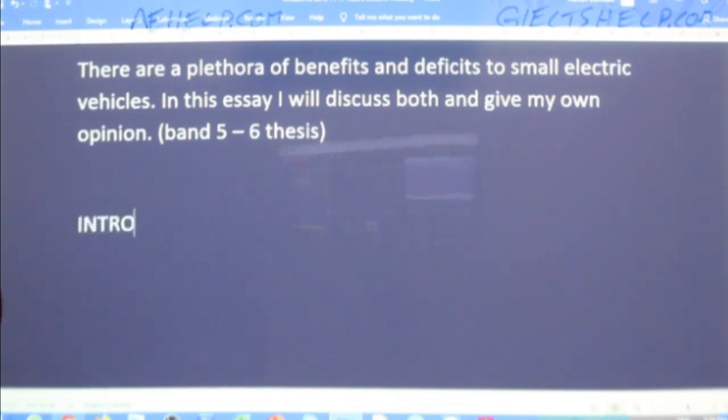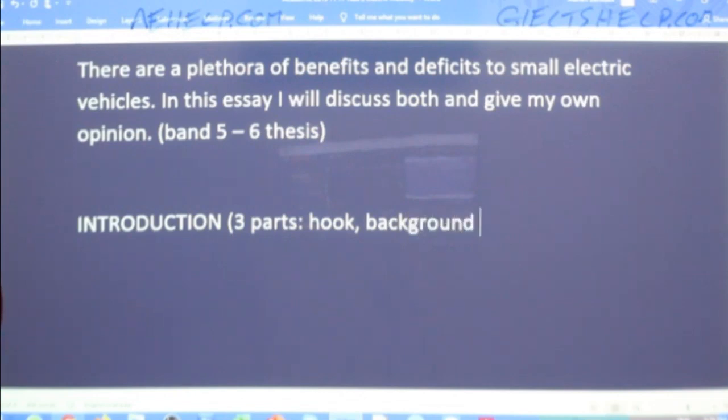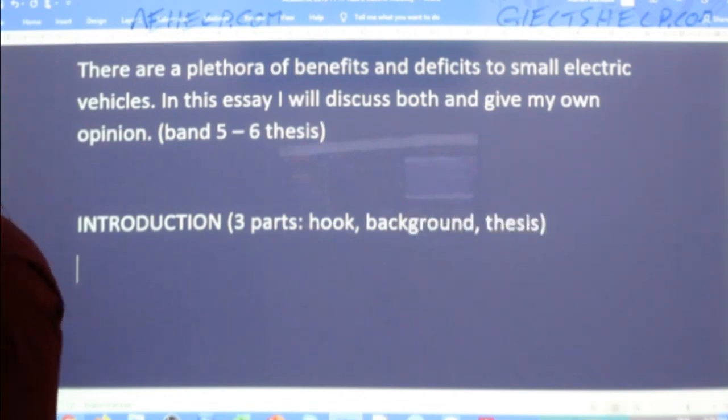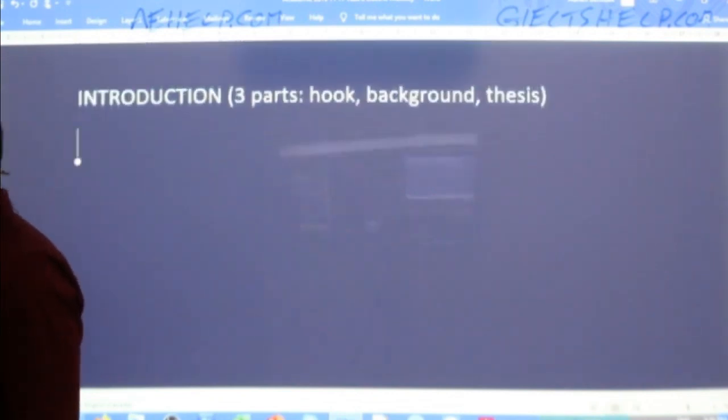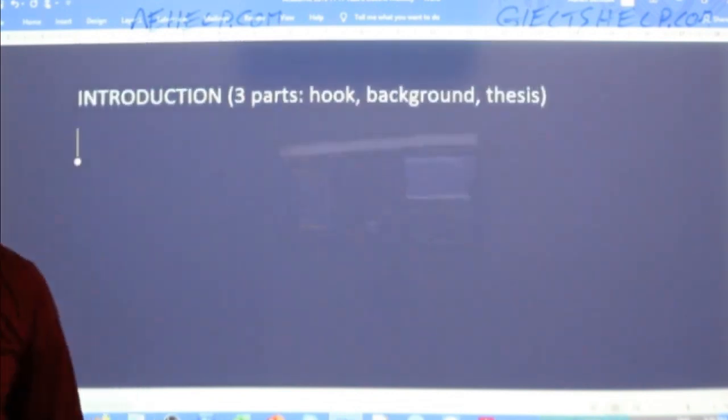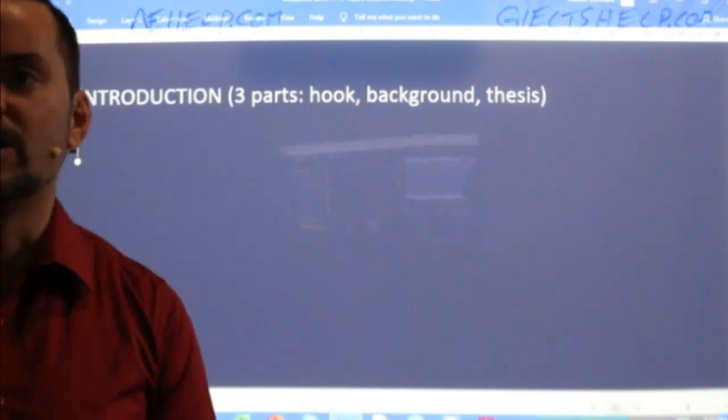Okay, so the introductory paragraph, or let's just keep it simple, the introduction, will have 3 parts. They will be the hook, the background, and the thesis. And yes, a good introduction does have a hook, especially for this question. I think there are a lot of great sentences that you can come up with.